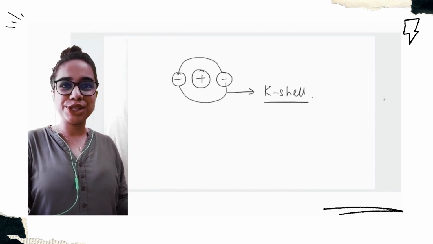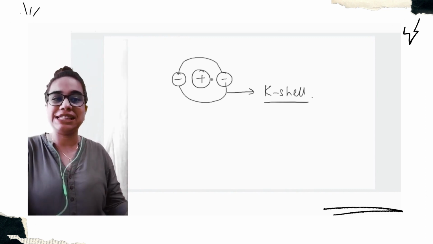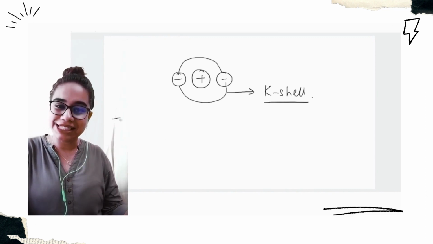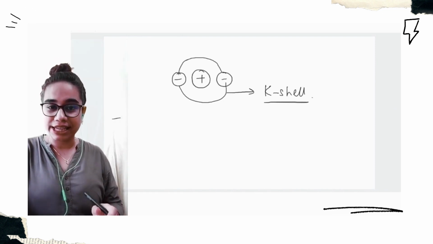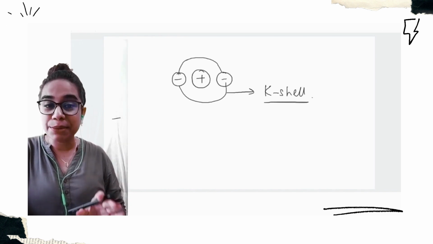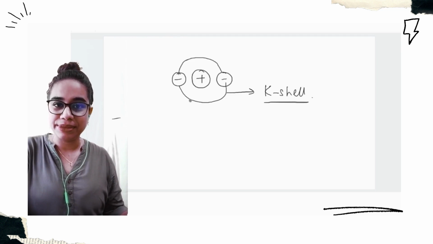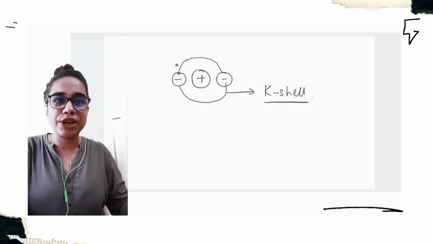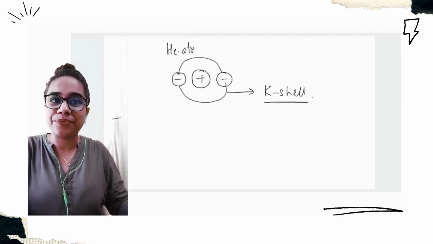And I also mentioned that atoms cannot exist freely in nature. This is the reason. If the orbitals are completely filled, they attain an electronically stable structure, so that atom can exist freely. For example, the structure I have drawn over here is of helium atom.